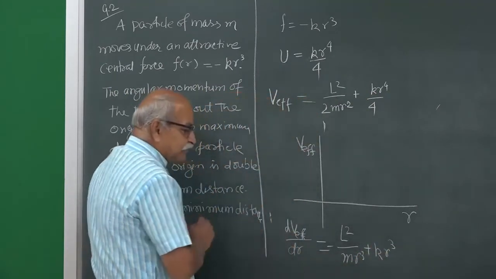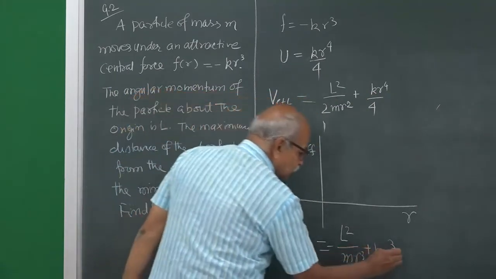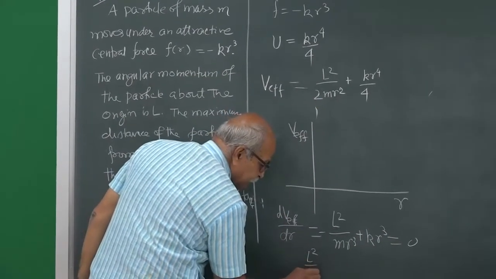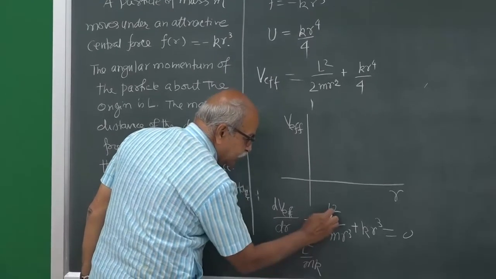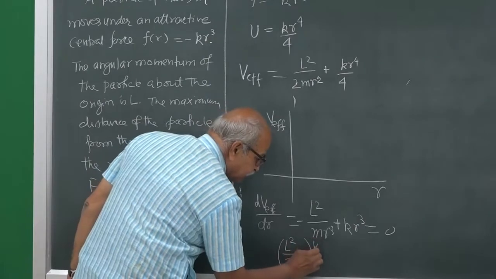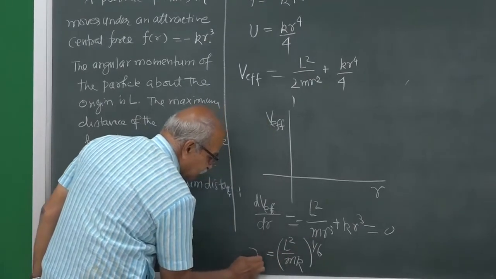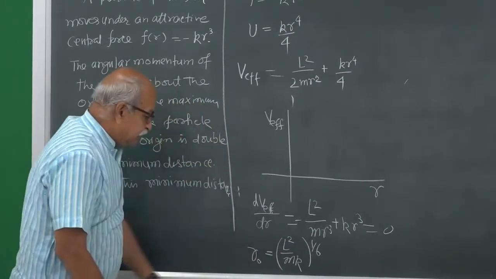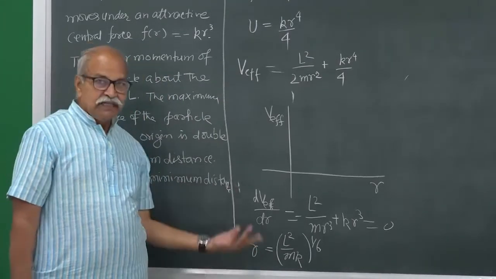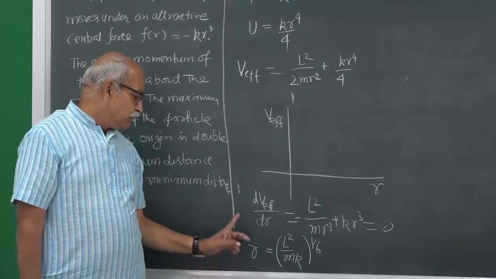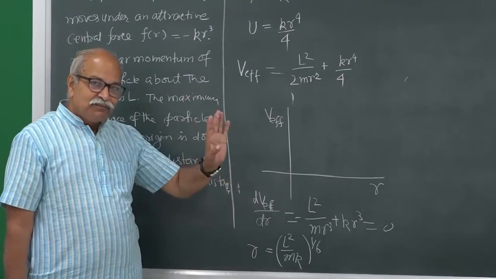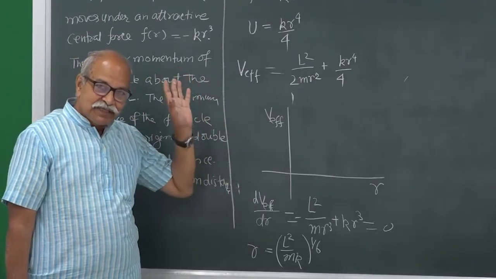If it is going to be 0, then you get L square by m k is equal to r to the power 6, the sixth power of this. This is the place where this will be maximum or minimum, and you get only one value of r. So, only one maxima or only one minima is possible.